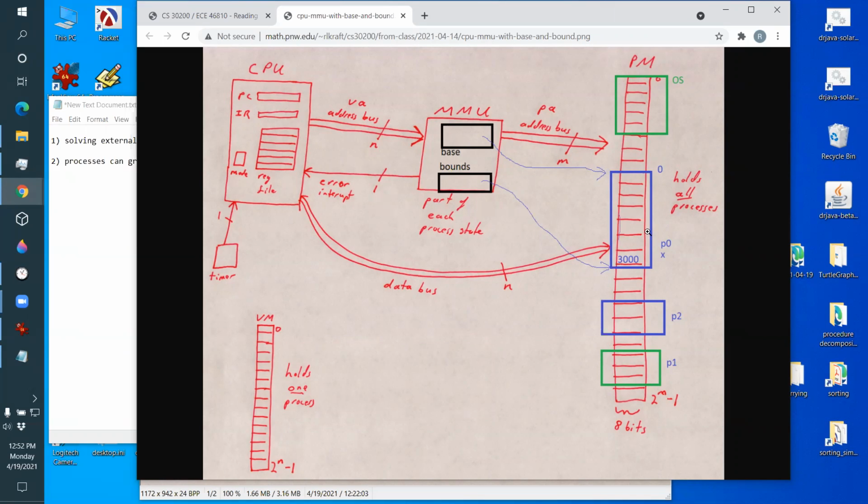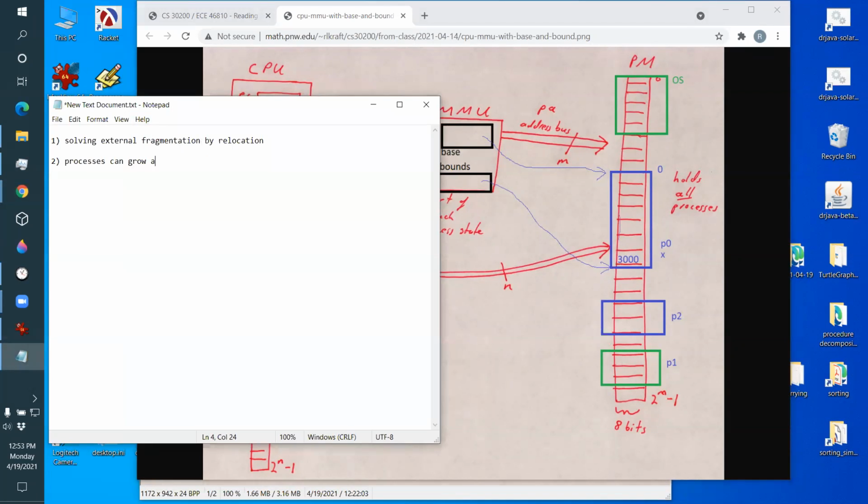But at least a process can request more memory. A process can grow, and if it wants to, it can shrink itself. If a process has asked for more memory, used it up, and no longer needs it, it could tell the operating system to shrink its bounds register so that now there's memory for somebody else to use. So processes can grow and shrink if they want.